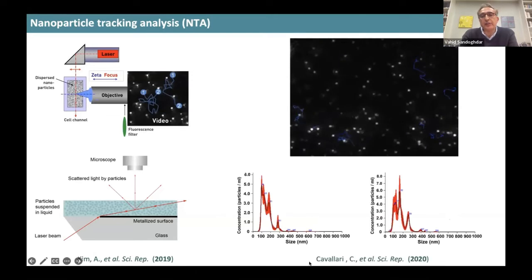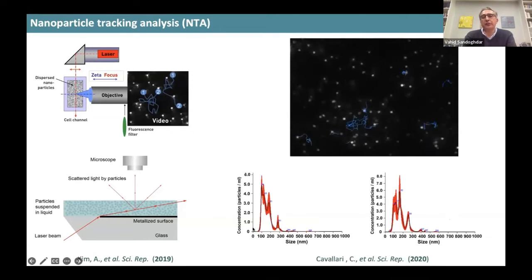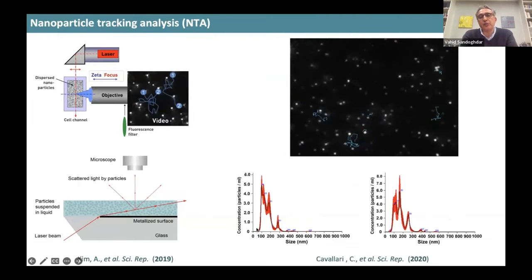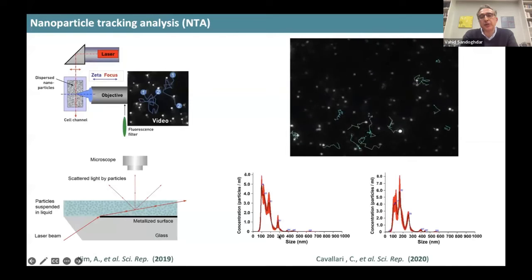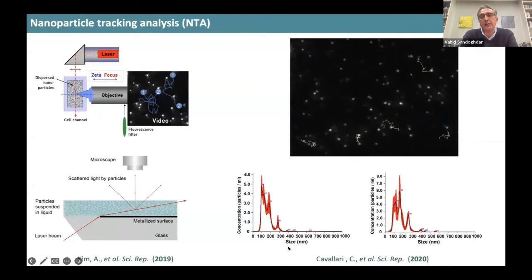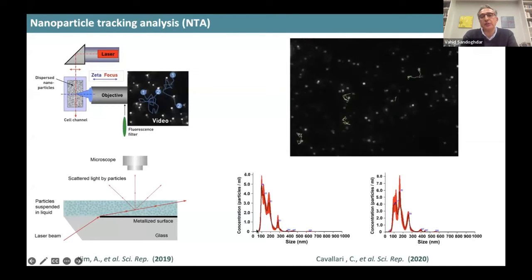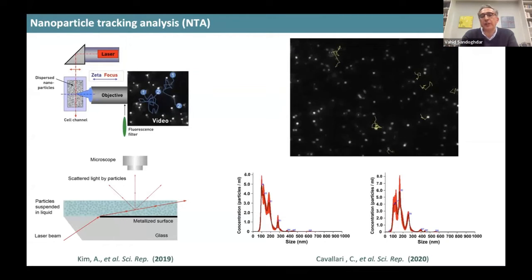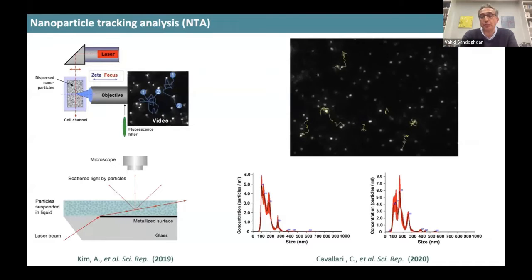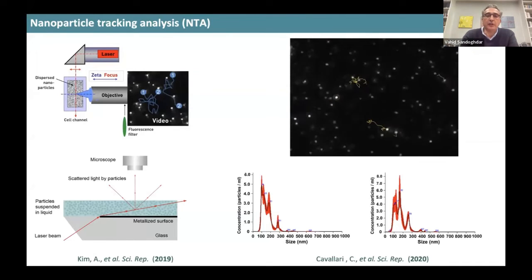So this is the kind of signal that you might be getting out of this. That is, you look at a large number of particles, and each time you figure out the size, and then you can plot histograms and learn about the size distribution in your sample.